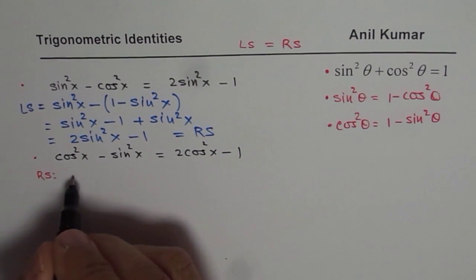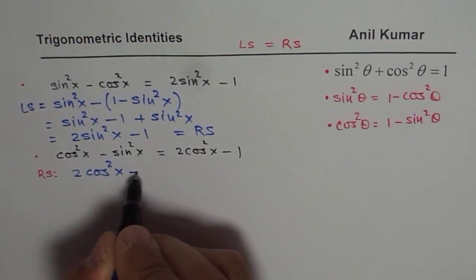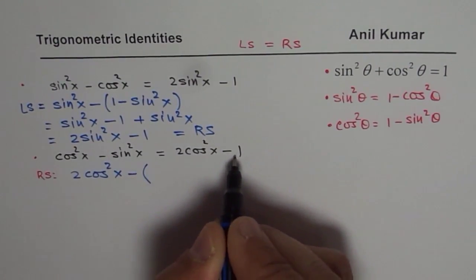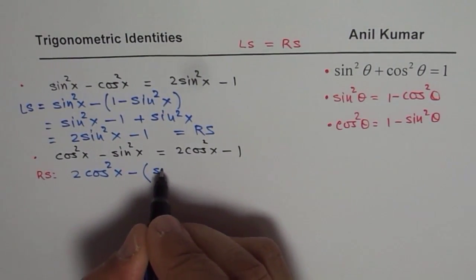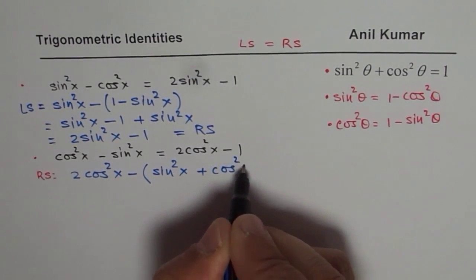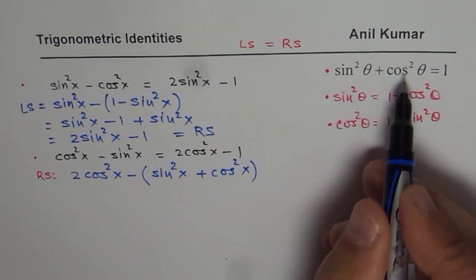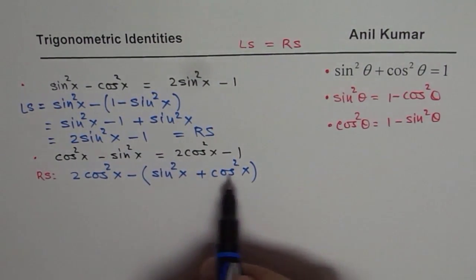The right side for you is 2 cos square x minus 1. Now instead of 1, I can write sin square x plus cos square x. You get the idea, right? So I replaced 1 with sin square theta plus cos square theta. Since the argument is x, I'm using x, right?